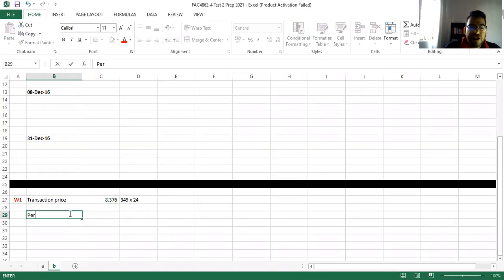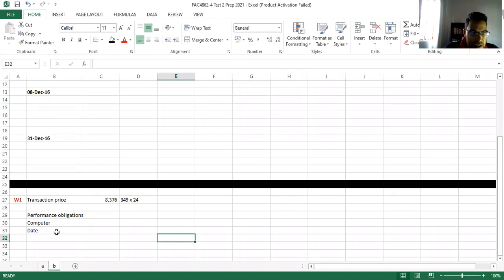Now we need to split this transaction price between our performance obligations. Performance obligations are identified in step 2 of the five-step revenue model, and they were provided to us in the question. It was the computer, which is a distinct product, and the other one was 3 gig data.